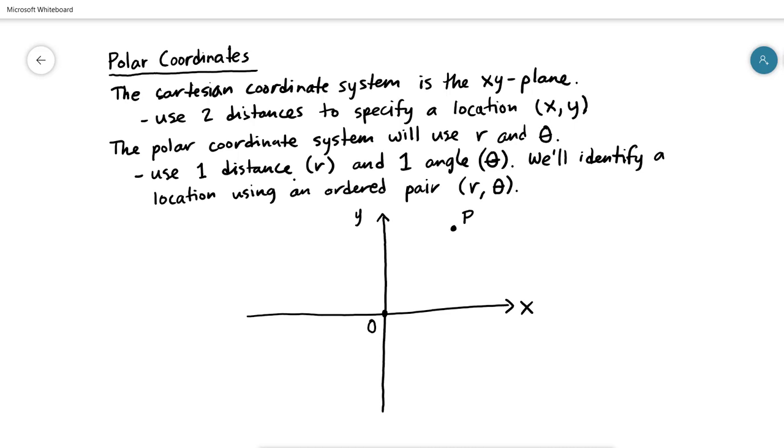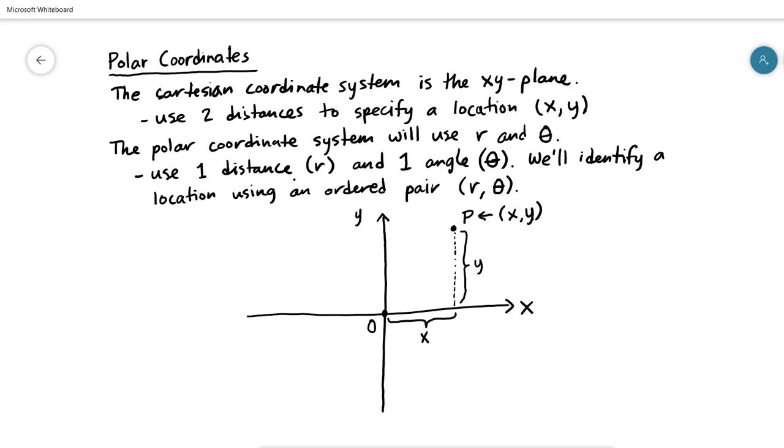Normally, the coordinates of this point would just be however far we need to go in the x direction. So let me draw in a little triangle here. We would go this far in the x direction, this far in the y direction, so I'd call this x, this y, and that's what gives me the coordinate xy for that particular point.